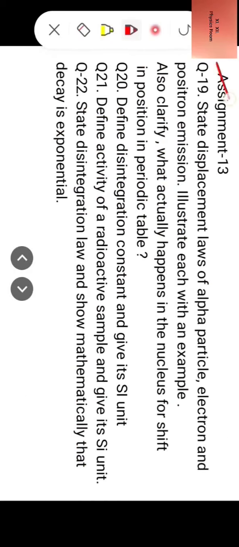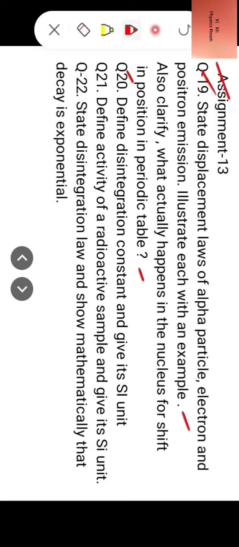Assignment 13 continued. Question number 19. State displacement laws of alpha particle, electron and positron emission. Illustrate each with an example. Also clarify what actually happens in the nucleus for shift in position in periodic table. Question number 20.